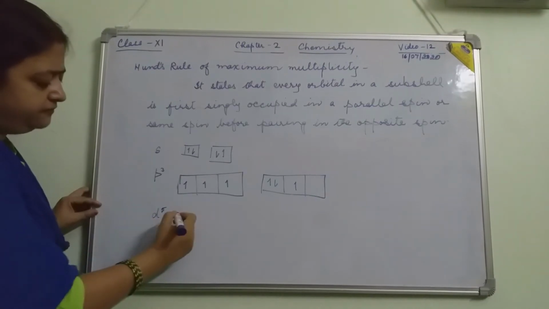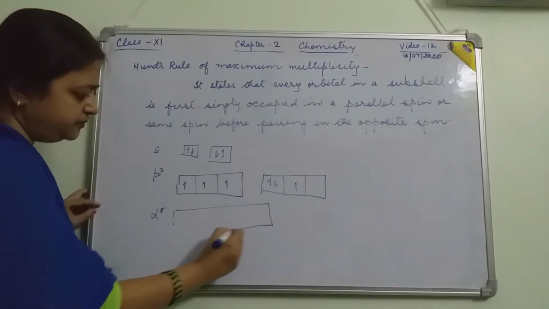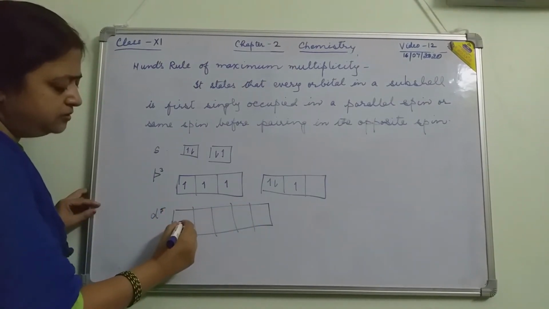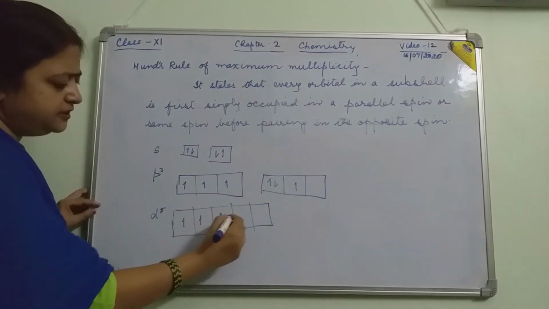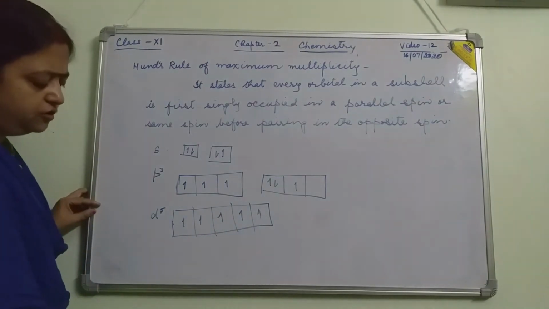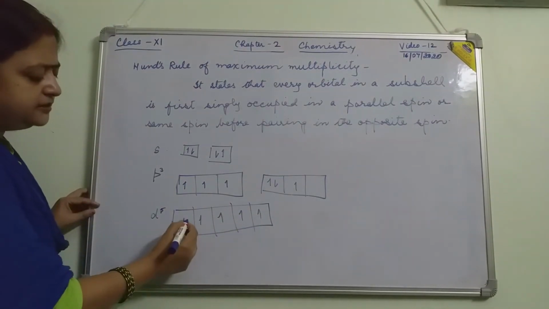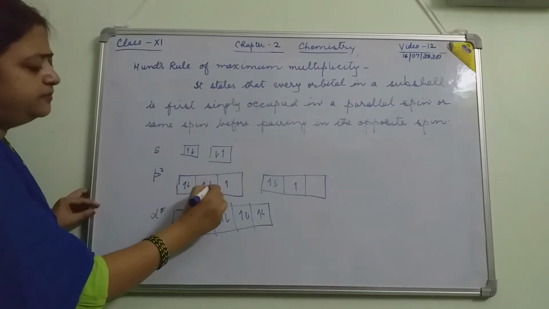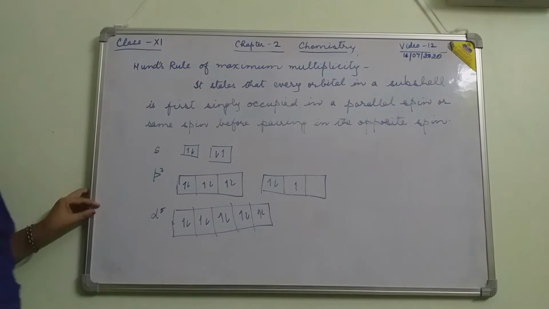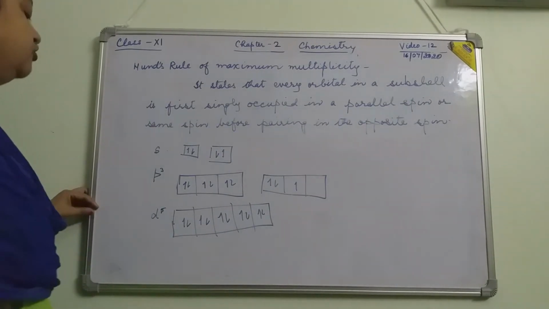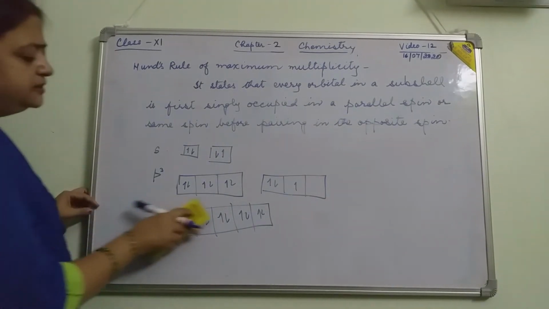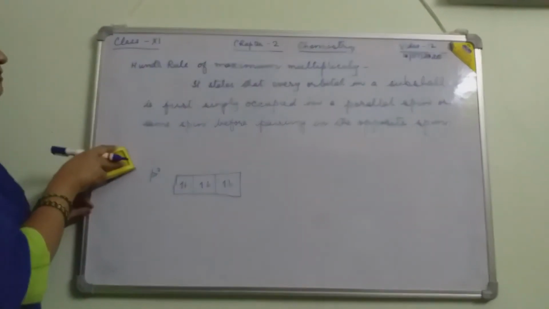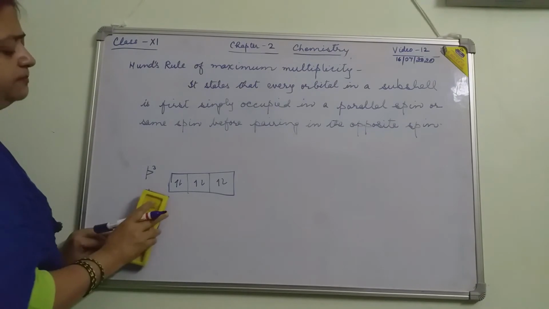For d5, the electrons must be filled according to Hund's rule. Single electrons are filled first in all orbitals, then it starts pairing. But before pairing, each orbital must be singly filled, and their spins must be parallel.